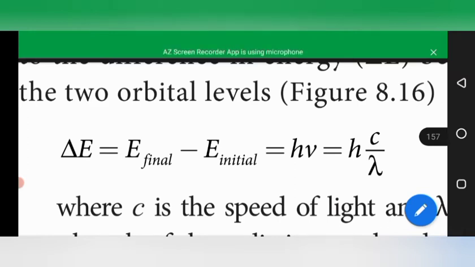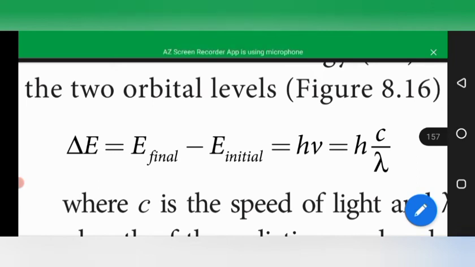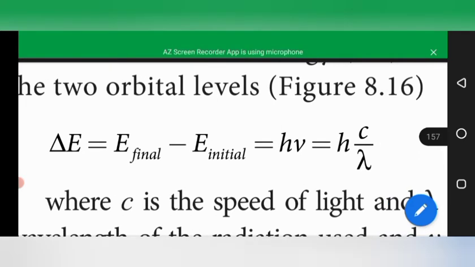This energy is equal to the difference in energy between the two orbit levels. So delta E is equal to E final minus E initial, the final energy level minus the initial energy level. You know that E is equal to h nu, and nu is equal to c by lambda, where c is the speed of light.